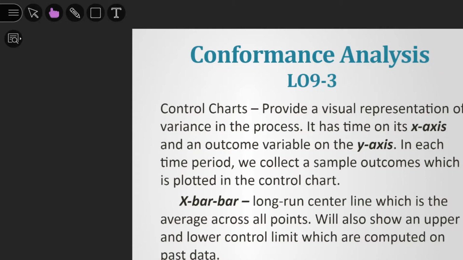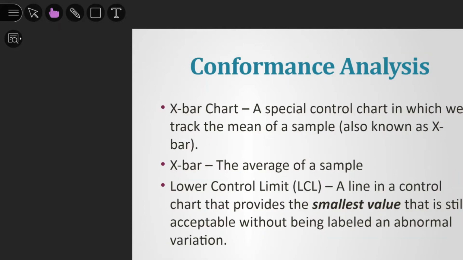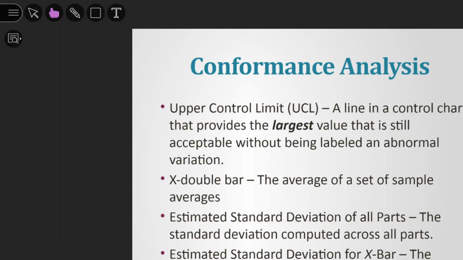So this is the slide where it talks about x double bar, which is the middle line. This is called an x bar chart. We talked about that. The smallest value is LCL and the largest value is UCL.